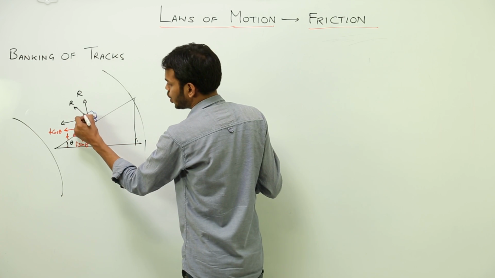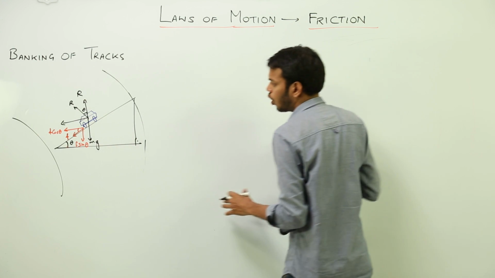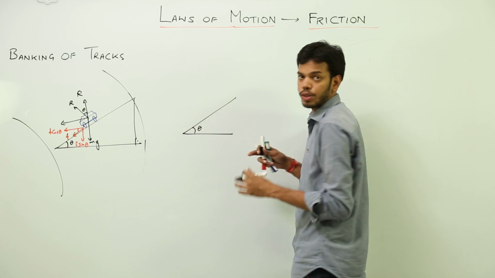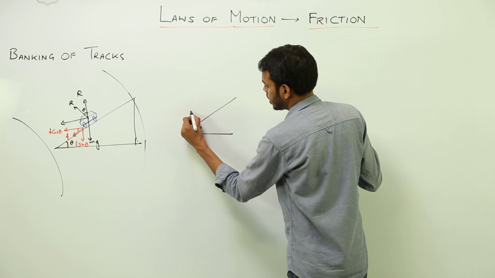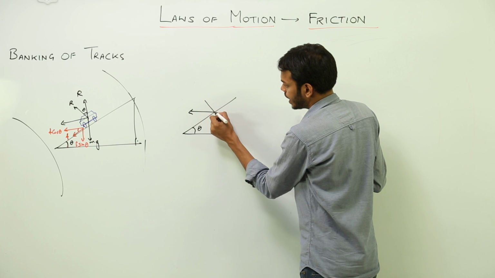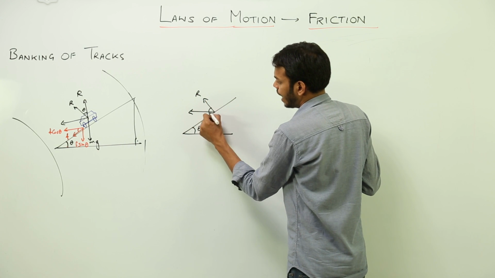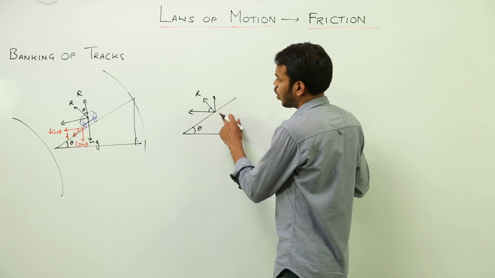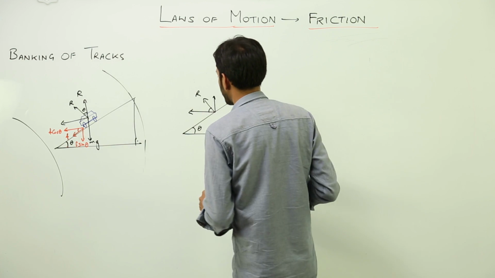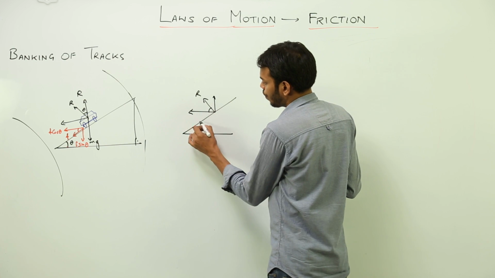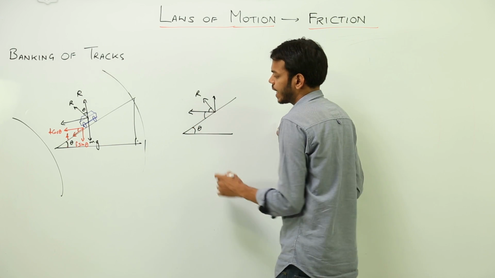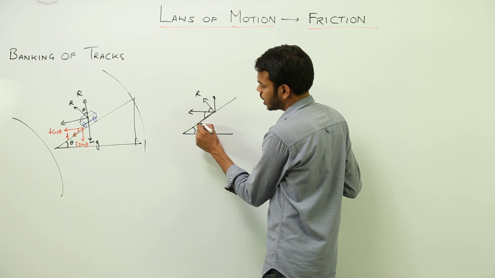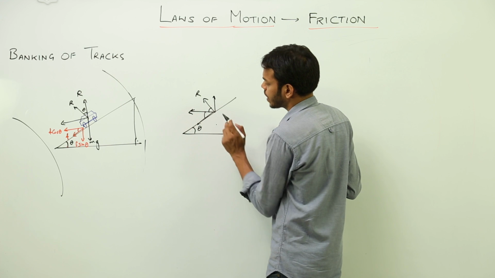I am doing it for a general purpose of showing how to get the diagrams or angles. This is R, and we have to make these two components. What is the angle we are concerned about? In the case of friction, this angle was equal to this angle, so the force of friction was in this direction, and this was F cos theta and this was F sin theta.